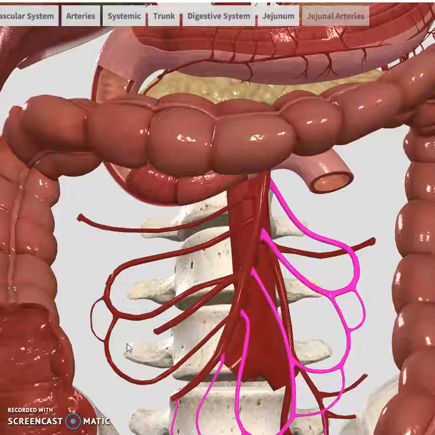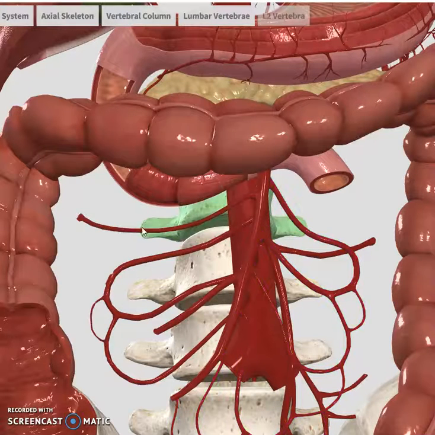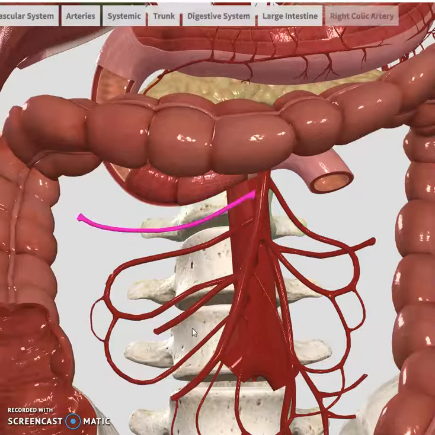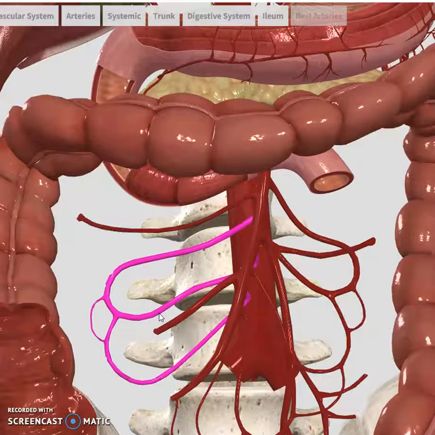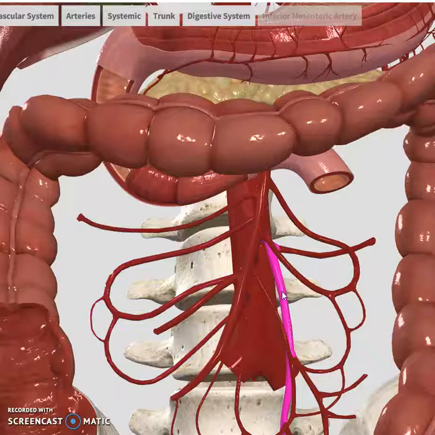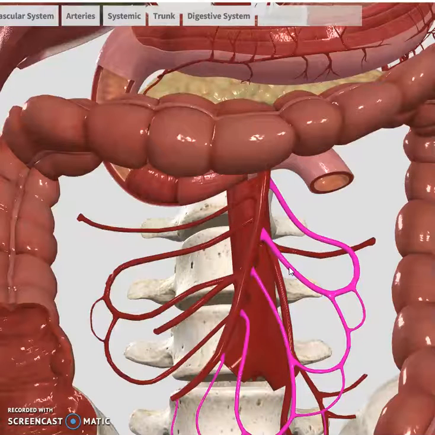So now we have 4 already, and the fifth one is also known as the intestinal arteries. Where are the ileal arteries? This is the ileocolic artery. Okay, this is the ileal arteries, and this one is the jejunal arteries.